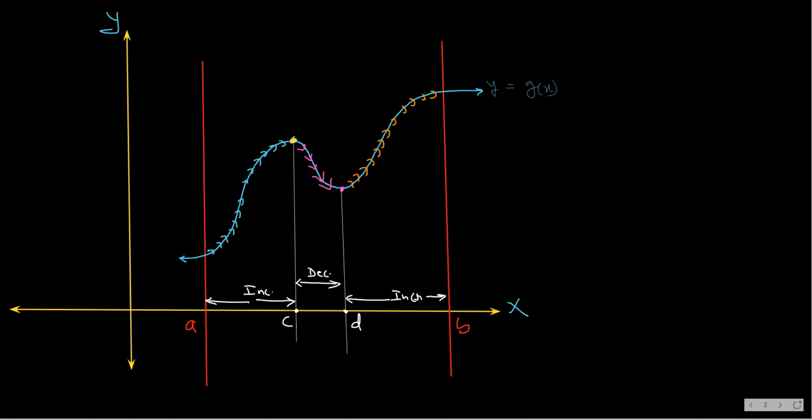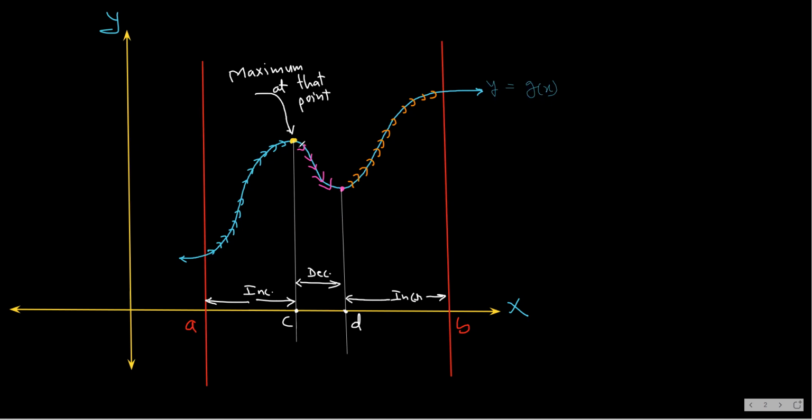When a function is increasing and after a certain point it starts decreasing, mathematically, we say that the function is maximum at that point. So the function was maximum at this point C.